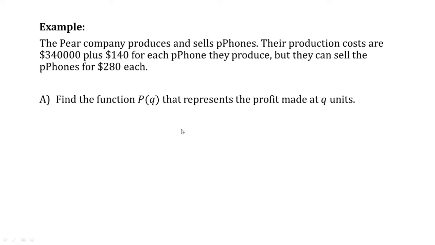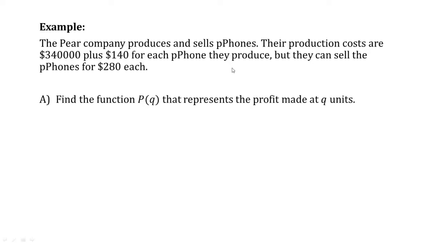And that is the reason why, looking back at this information, the problem did provide some information regarding how much P phone had to pay to produce their products. So their production costs are $340,000 plus $140 for each P phone they produce.